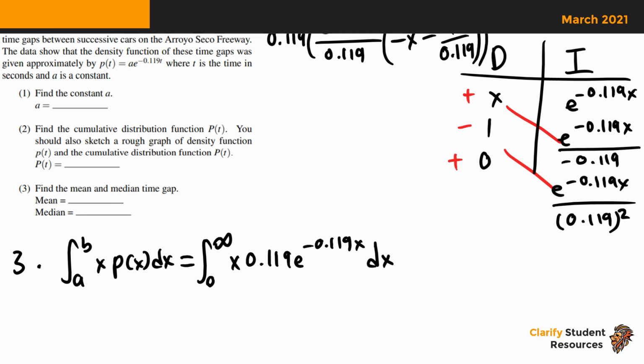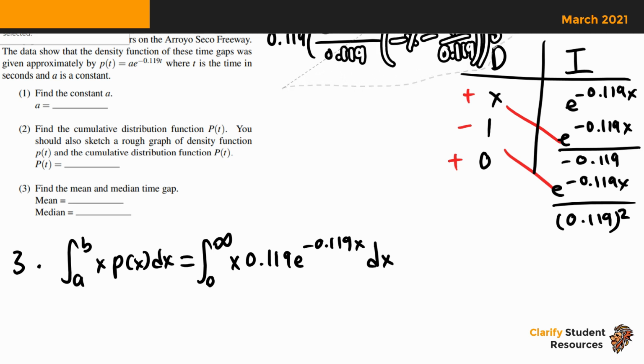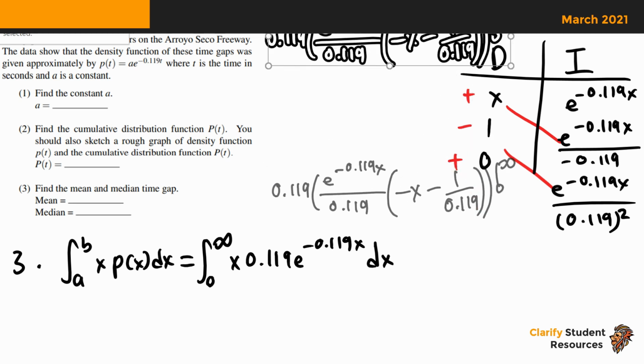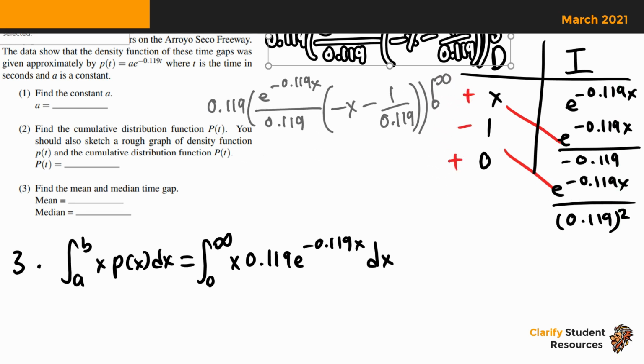And this is basically going to go from 0 to infinity. I'm a bit off screen here. So let me just put this here.